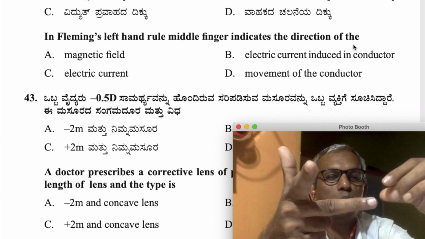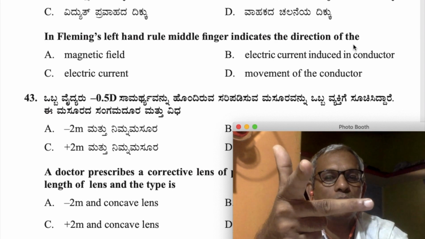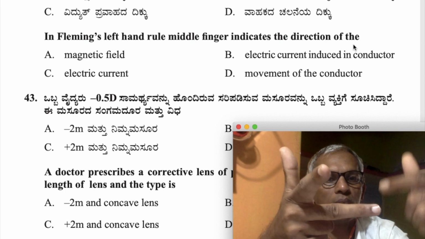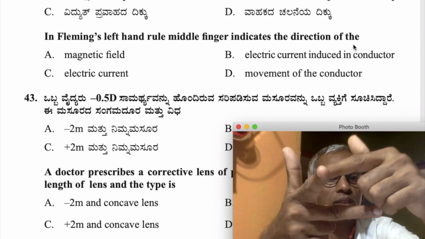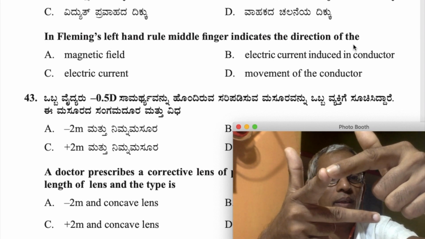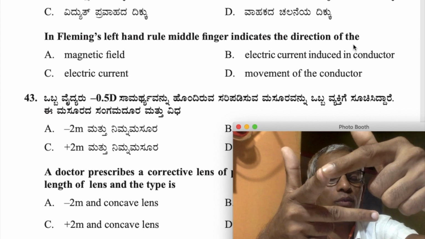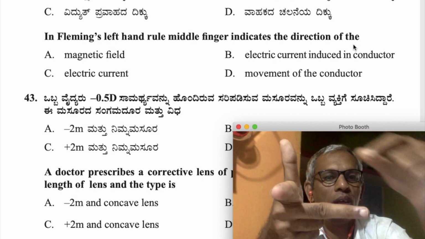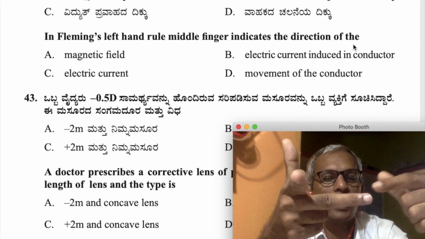In a motor, we have to give an input current. The armature is kept in a magnetic field. The magnetic field is represented by the forefinger. The thumb represents the rotation of that armature. The middle finger represents the direction of current.